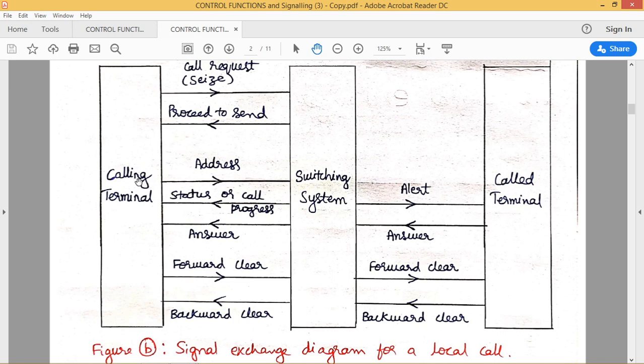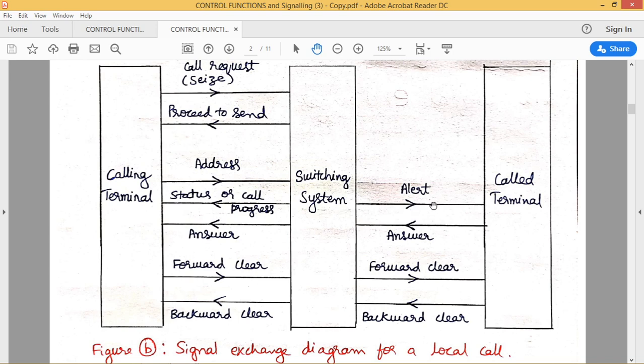So he sends the address signal to the exchange. The exchange detects where the called person is, and based on that address it sends the alert signal to the intended destination, that is the call terminal.